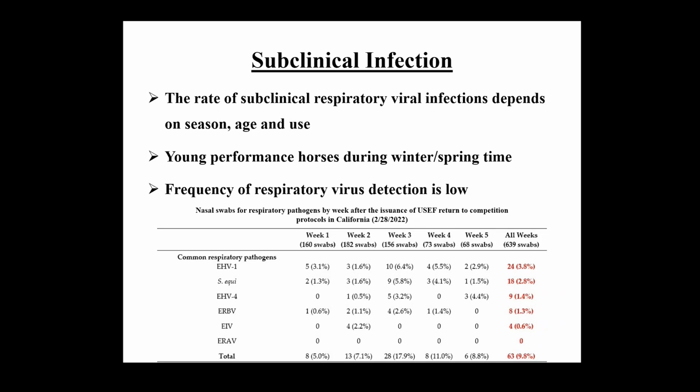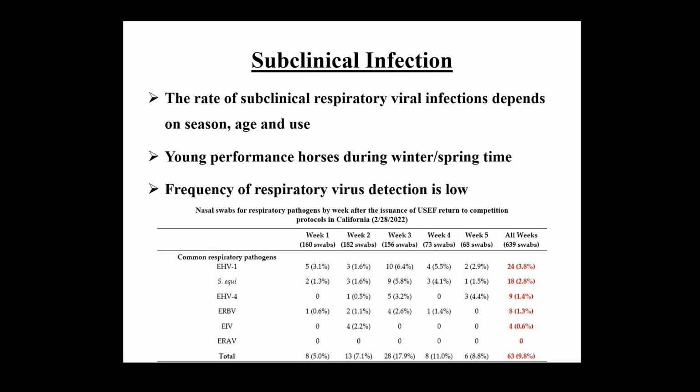Not only had these horses to be quarantined at home, but they also had to be tested at least once for EHV1 in order to be allowed to compete in the next event. And the next event was in mid-April of 2022.